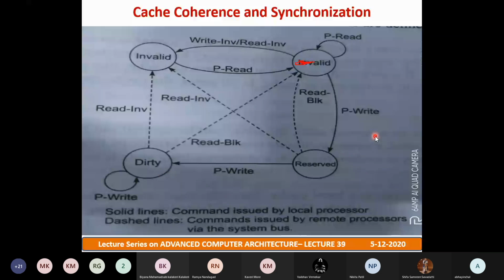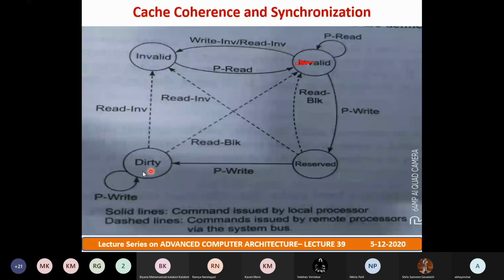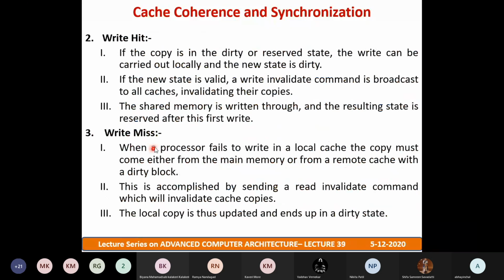In case of both, if a write operation has been carried out, then it will be carried out locally, and then it will be in the dirty state only. If the copy is in either dirty or reserved state and it performs a write operation, then that operation can definitely be performed, but locally, and the new state is called dirty state.